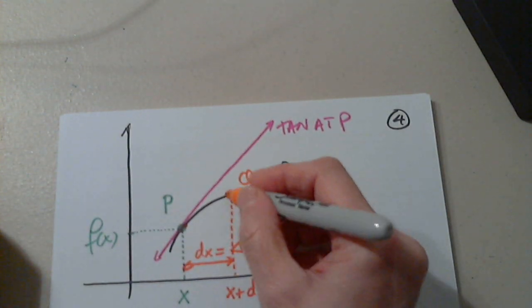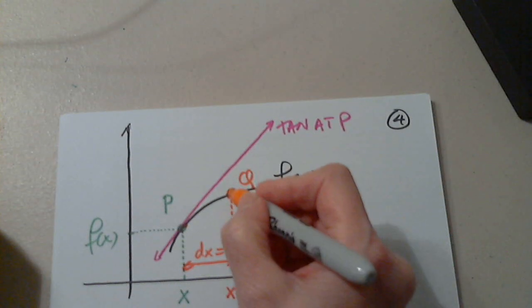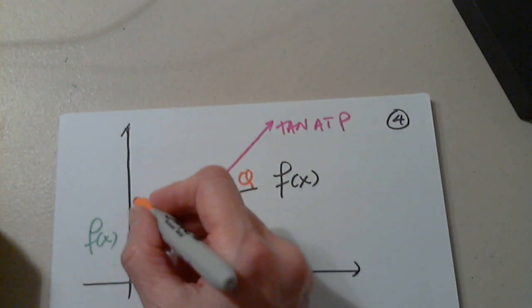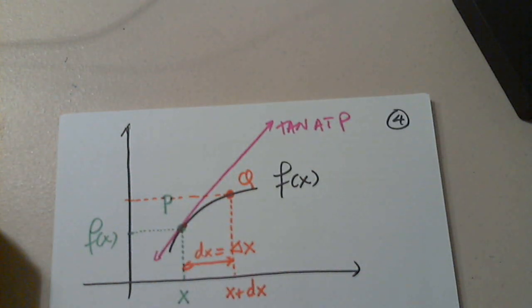So now I have x for x plus dx. Can anyone give us the y coordinate of Q? This is very similar to what we've done a long time ago with the rate of change, with the difference quotient. So what is the x coordinate?